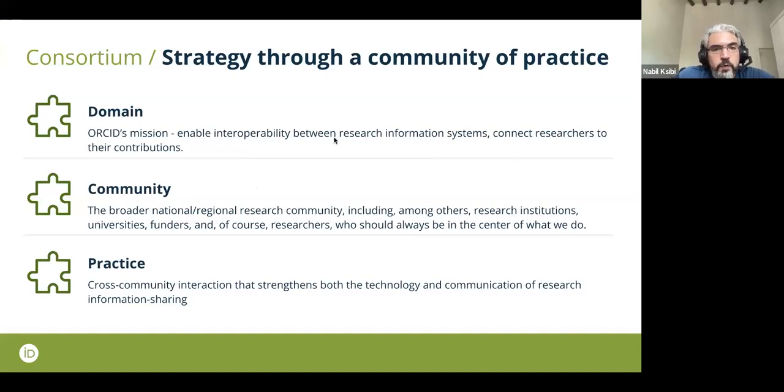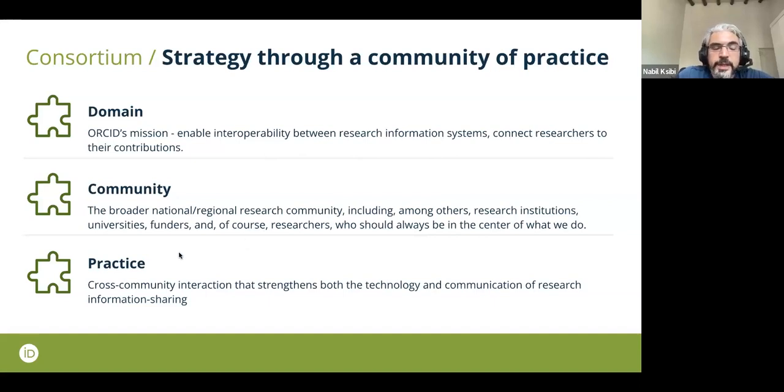So just to briefly explain how this is done, ORCID's mission is very much aligned with our offering. We enable interoperability between research information systems and connect researchers to their contribution. That's our simple and straightforward objective.